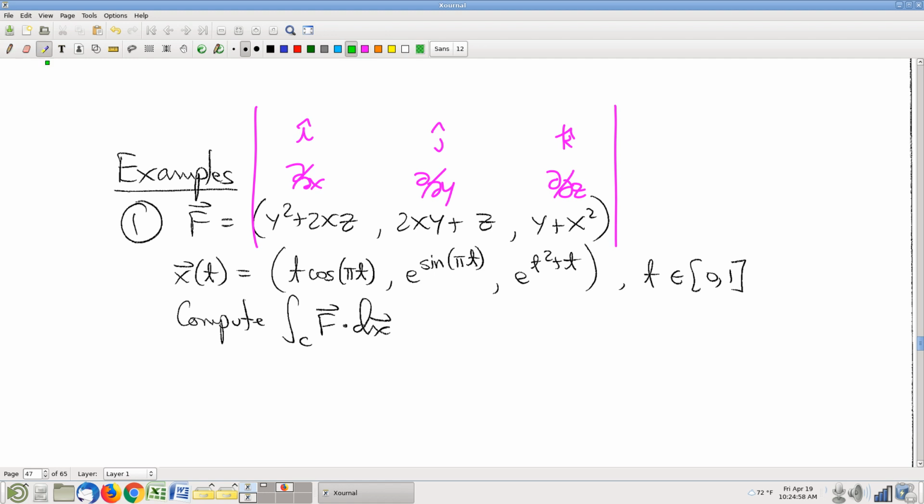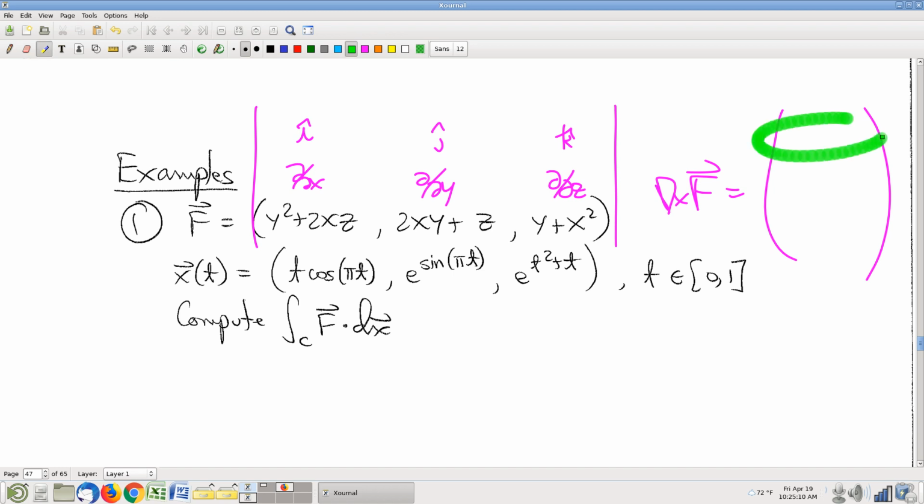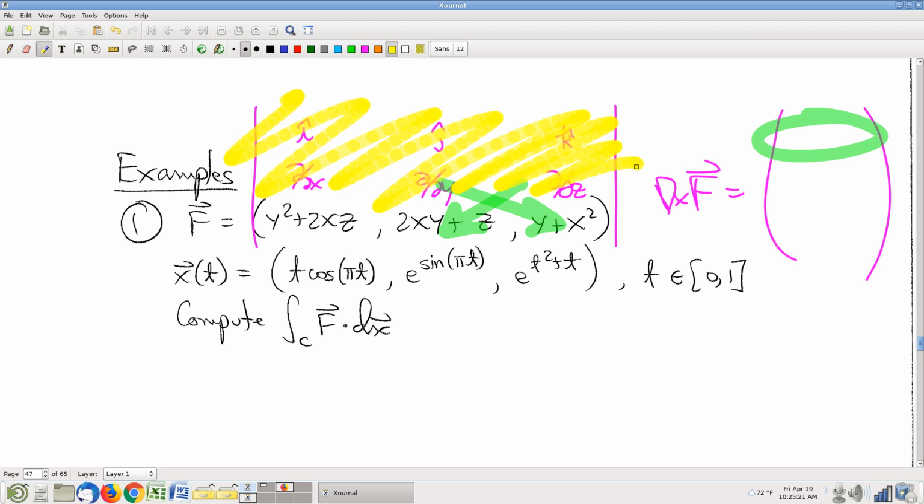So specifically, if you want to compute this curl, del cross F, well, this first coordinate is going to come from the y partial of that minus the z partial of that. And I don't really need all this stuff that I wrote down up here. I don't really need for that to physically be there on the page.